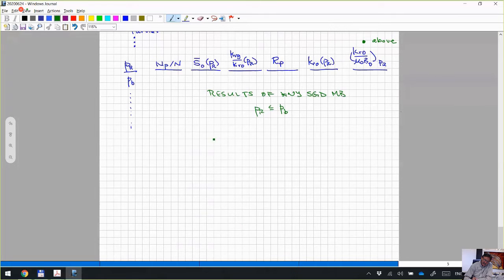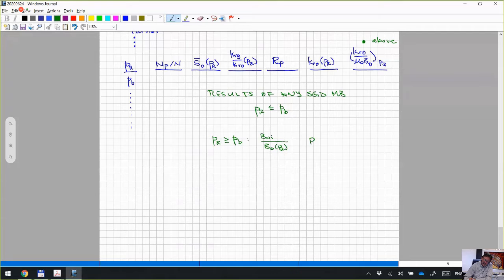And if average reservoir pressure is greater than or equal to the bubble point, then you just have a very simple material balance with basically BOI and BO at the average reservoir pressure controlling the recovery, plus compressibility.